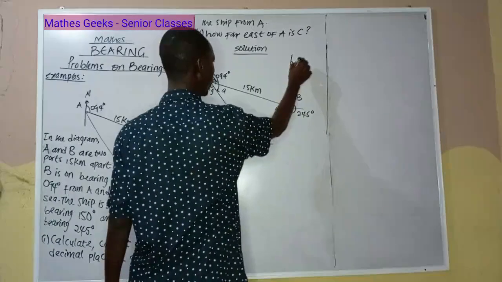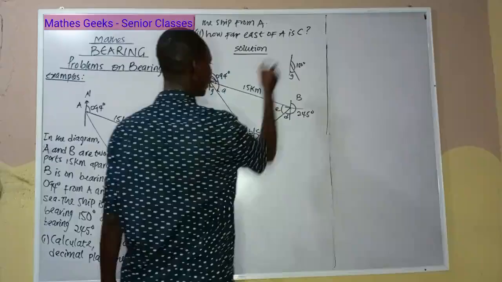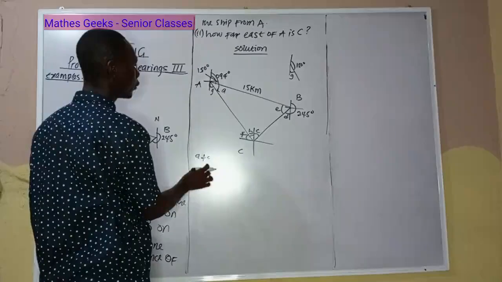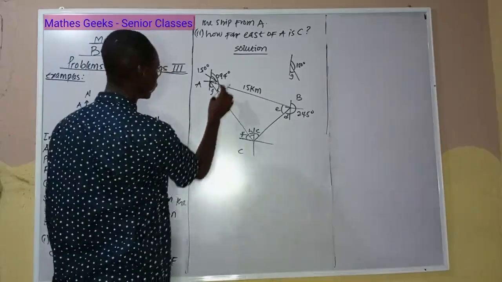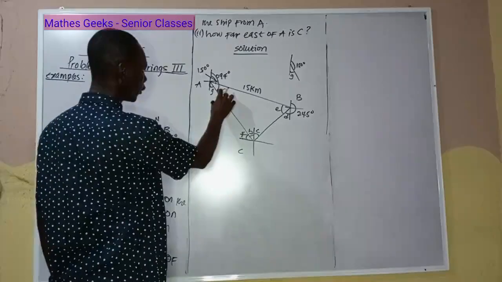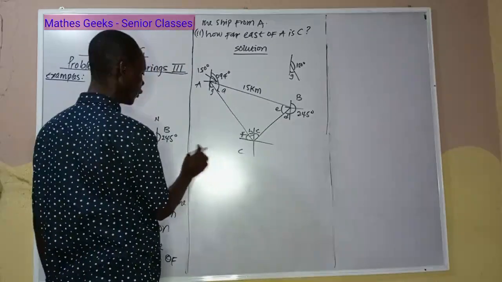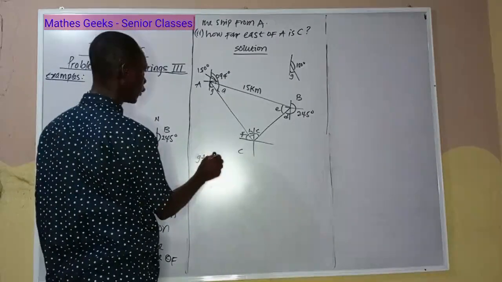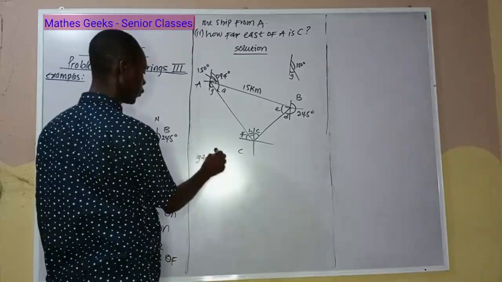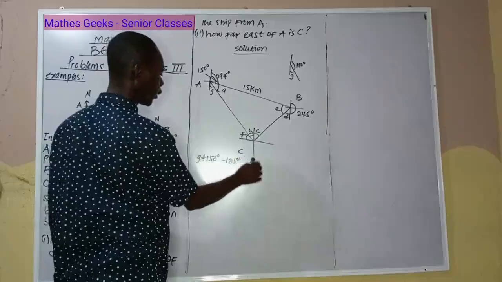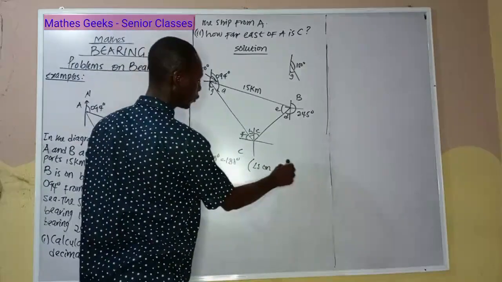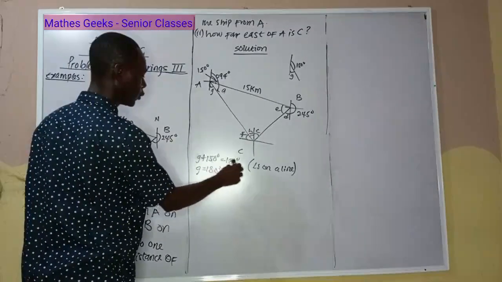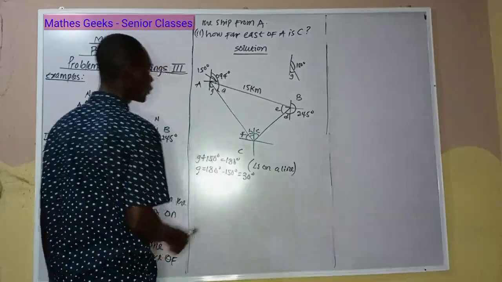So G plus 150 degrees is equal to 180 degrees. Why? Angles on a line. So G is equal to 180 degrees minus 150 degrees, that would be 30 degrees. So G is 30 degrees.